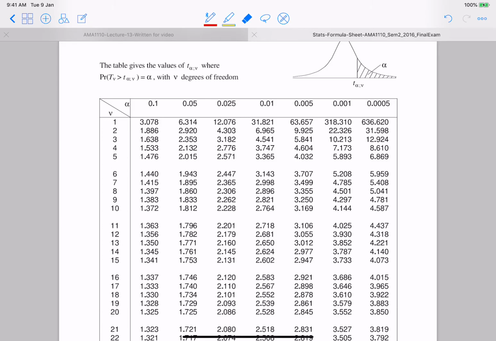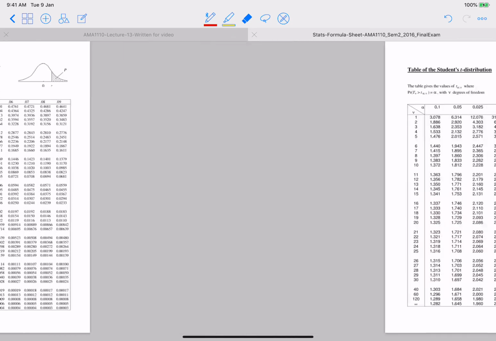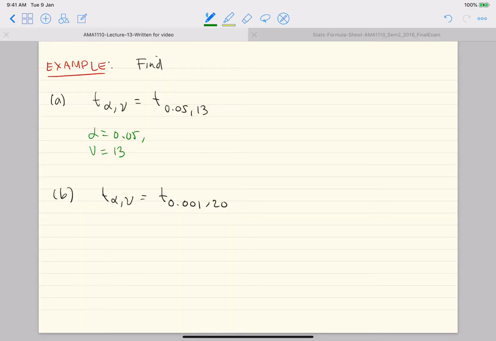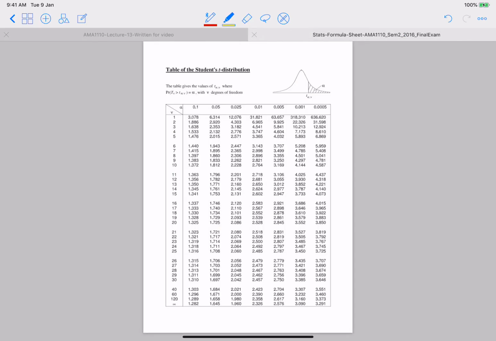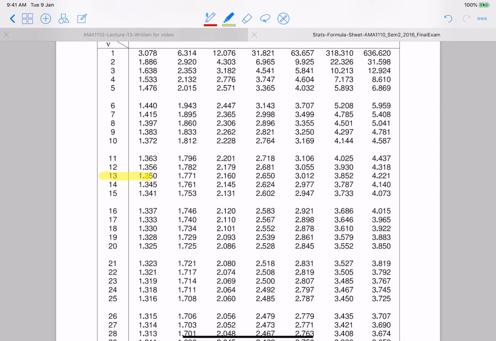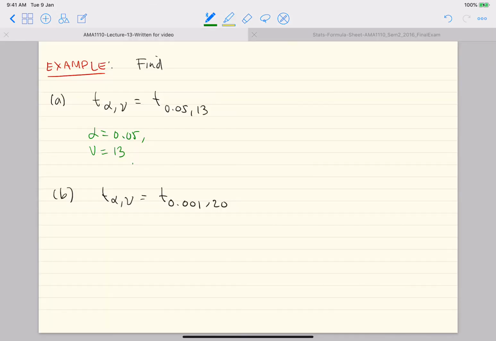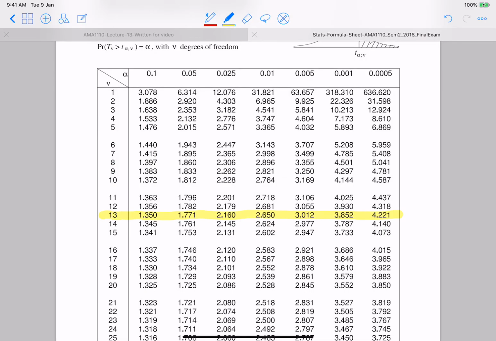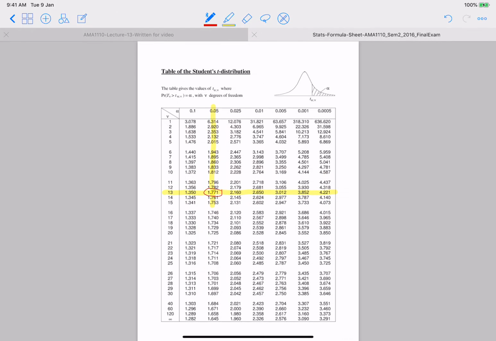For nu equal to 13, we look for the 13th row, go across to alpha equal to 0.05, and the intersection is where t alpha nu is. In this case, it's 1.771.